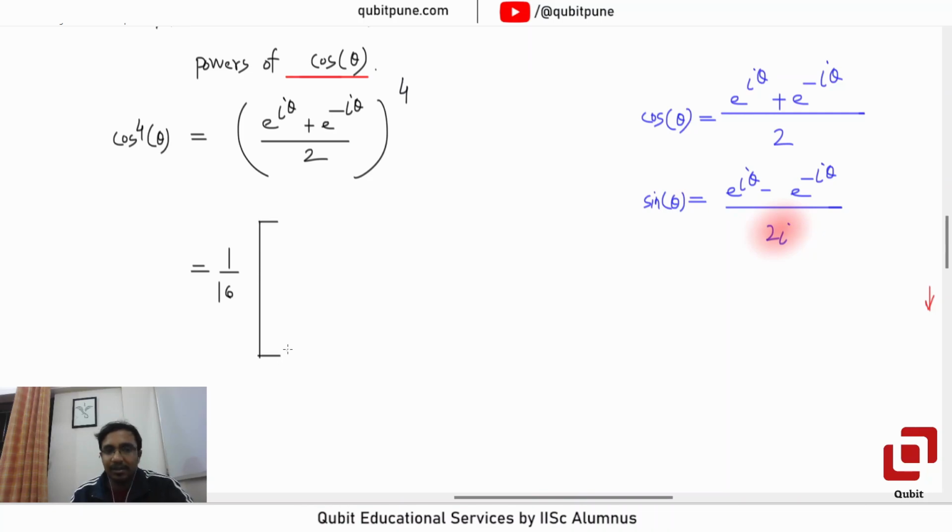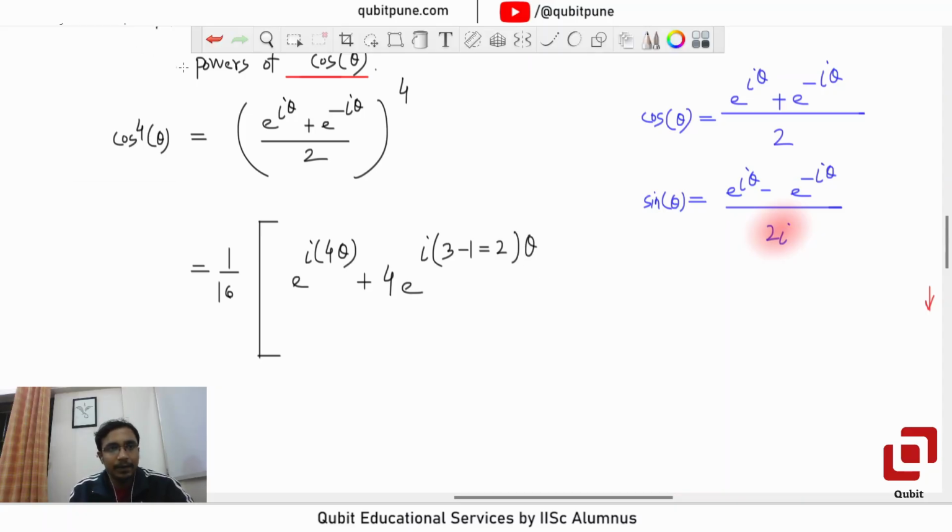First of all, fourth power of e to the power i theta, e to the power i 4 theta, plus 4 into e to the power i theta cubed and first power of e to the power negative i theta, so 3 minus 1, that will be 2 theta.